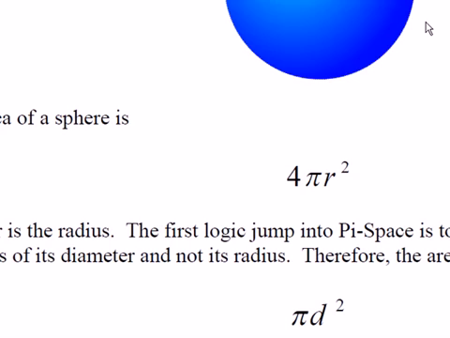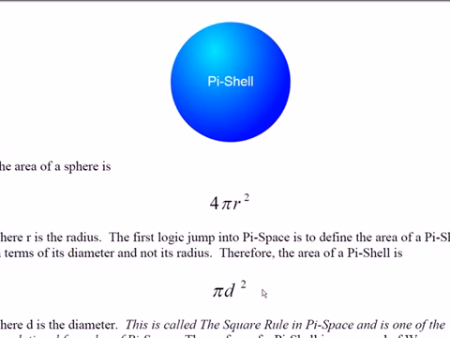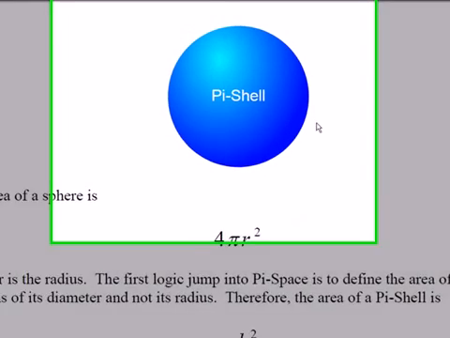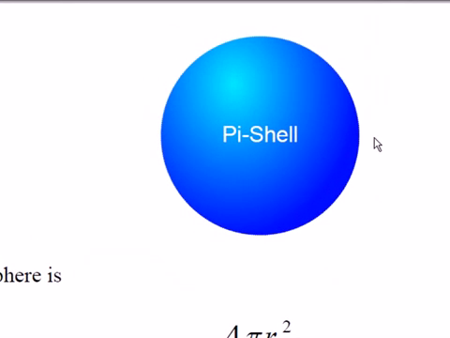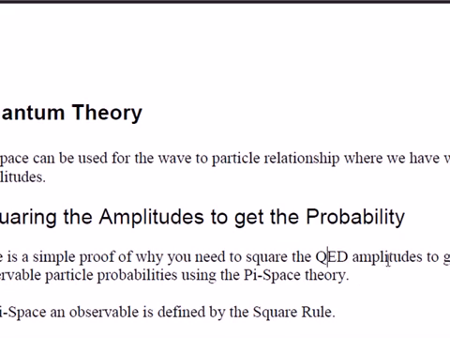So that's what's formed from in the pi space theory. The wave functions form this object. So how do you go from a quantum wave function to a pi shell in pi space? How does that work? So let's take a look at quantum theory as it currently exists. At the moment in quantum theory, we focus on the wave function, and the wave function represents what are called amplitudes.